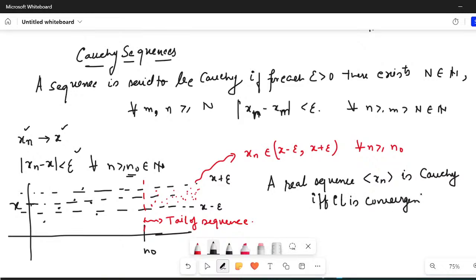So what does it imply? If I say that my sequence is convergent, then my sequence is Cauchy, or if I say that my sequence is Cauchy, then the sequence is convergent.